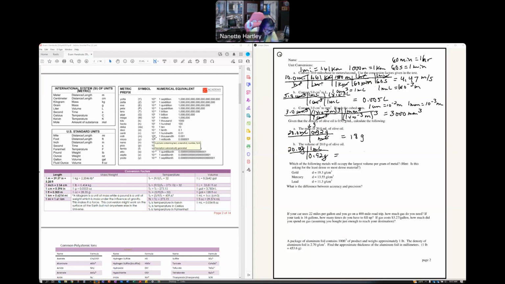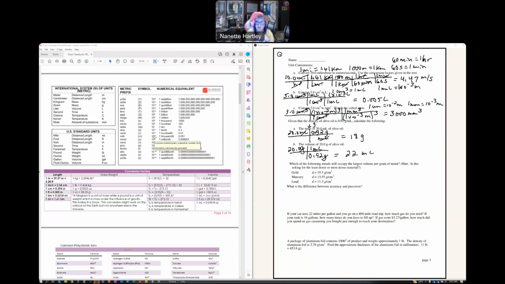So that'll give me the answer that I want. And then when I do that math, two significant digits, I get 22 milliliters. It's 21.73, and I have to round that to 2 sig figs. Okay. So that's done.